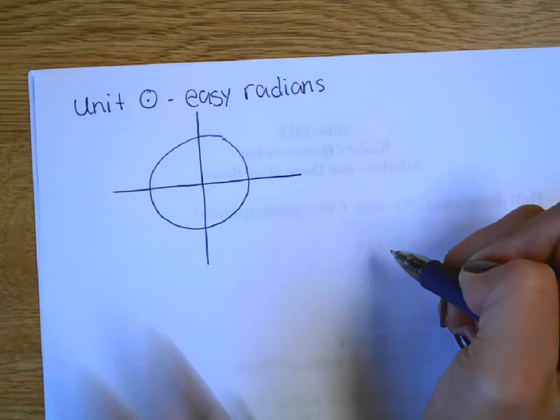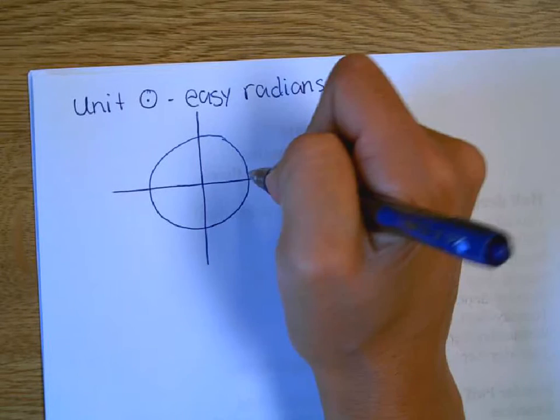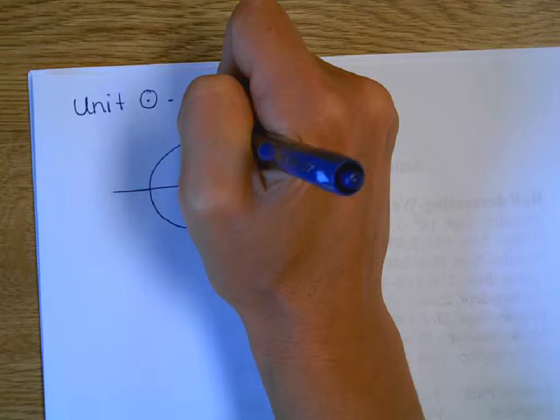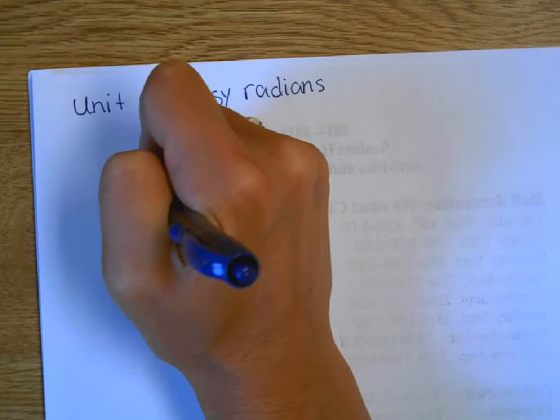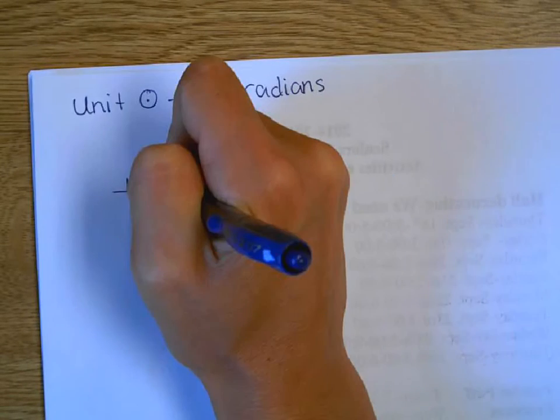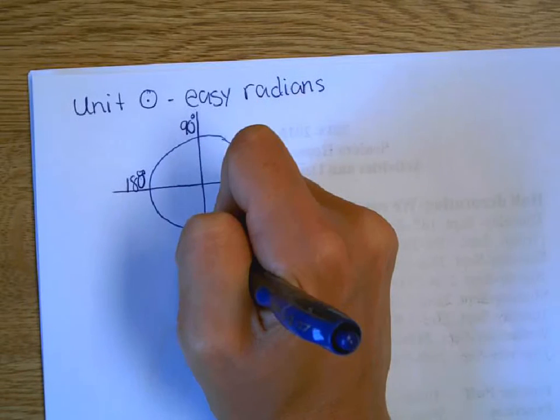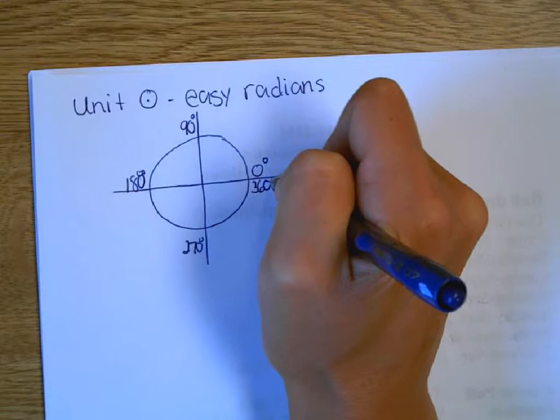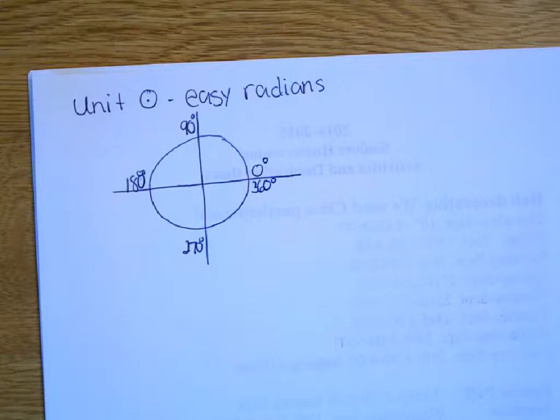Okay, there's our unit circle: 0, 90, 180, 270, and our 360. Let's write in the corresponding radian measure for these 5 spots.